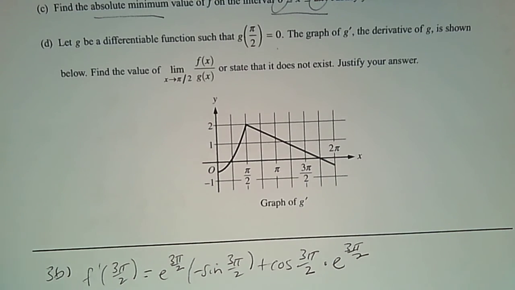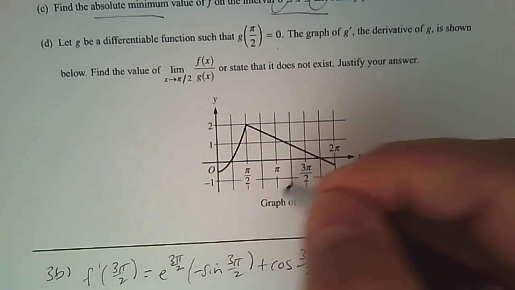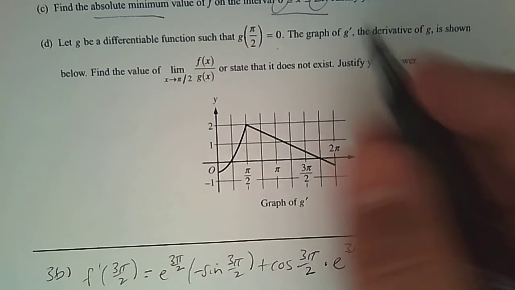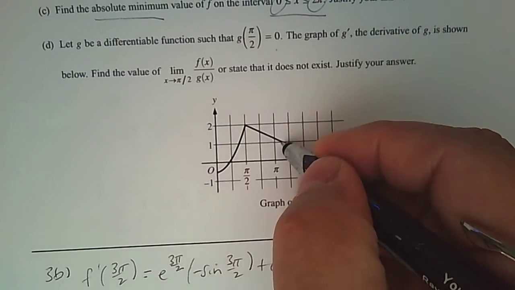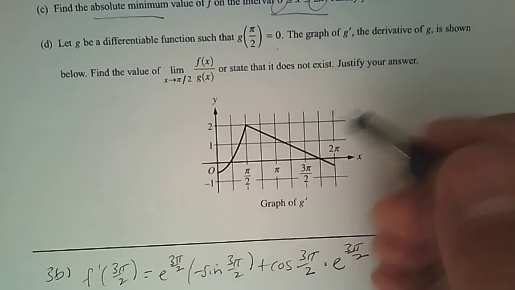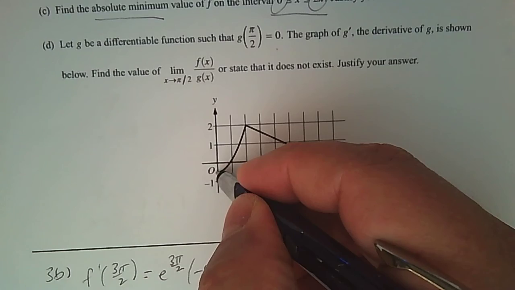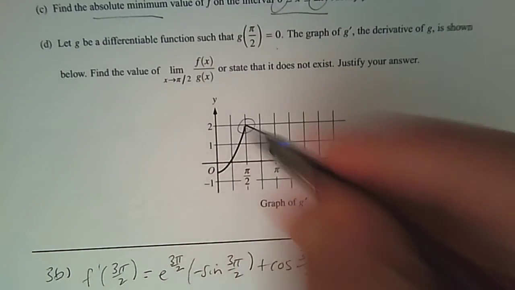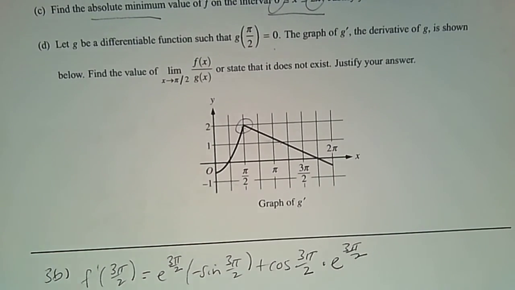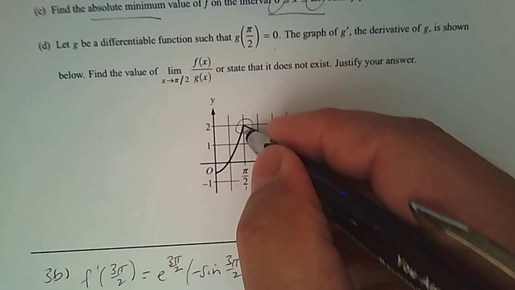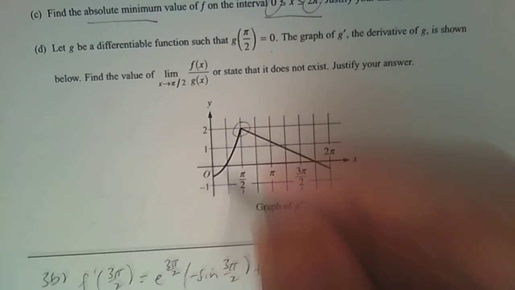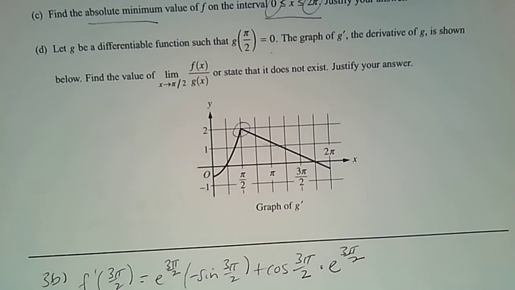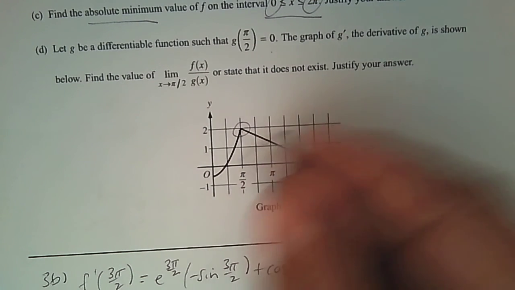But what we're not looking for here is the derivative of the derivative. In other words, I'm not looking for the slope here. I'm just looking for the value it is. So at pi over 2, when you go from the left and the right, does it approach the same y value? And the answer is yes, it's 2. But they want you to think it's undefined because there's a cusp here, because you lose the understanding of what you're looking for. So we're not looking at the derivative of the derivative.